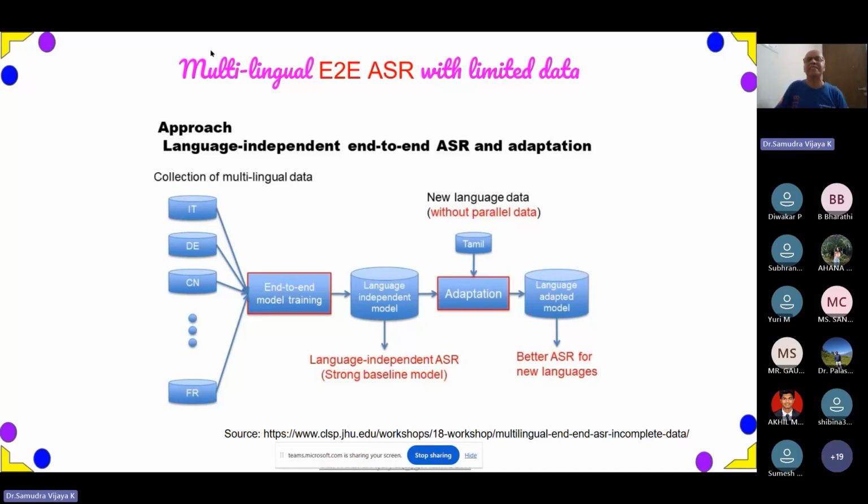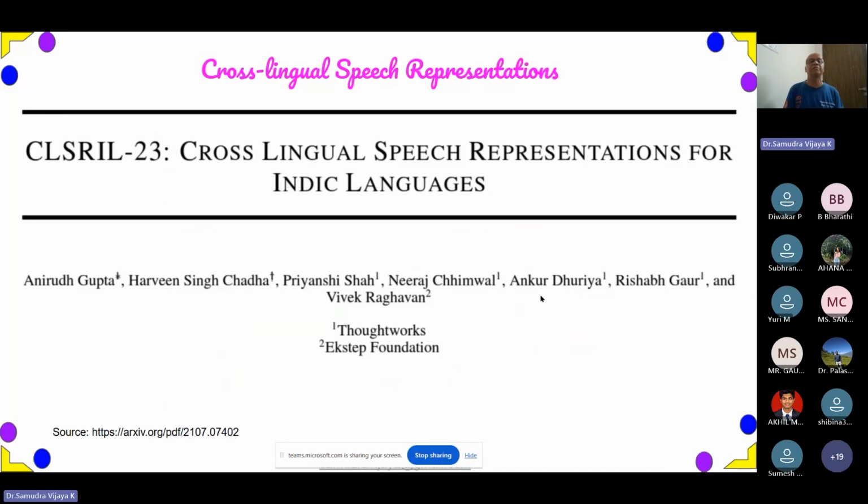So that is the adaptation part, adaptation of a multilingual speech system, which could be end-to-end, completely neural network, with limited data. And that is what is being done by many people. And we did talk of speech labels for all Indian languages, common speech labels. We did that 2 decades ago.